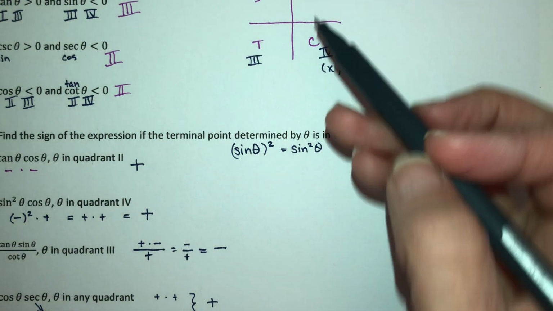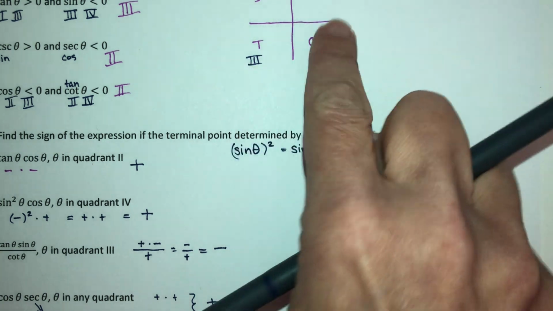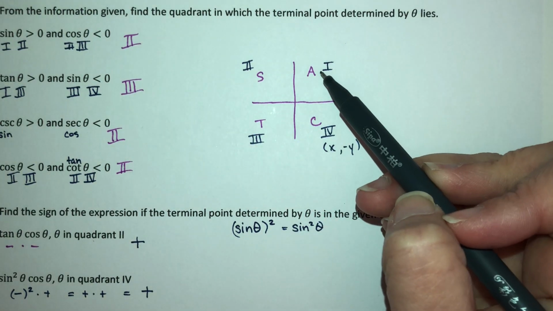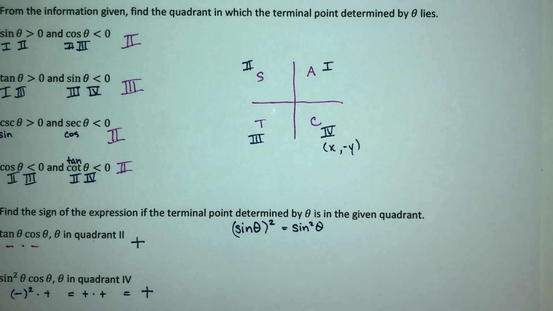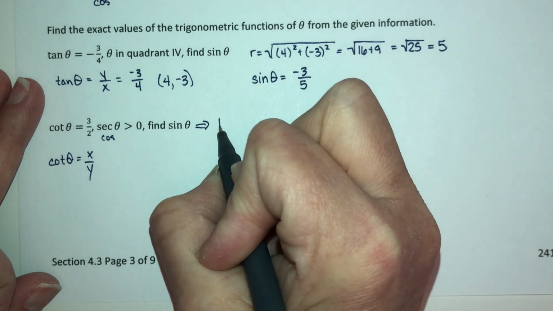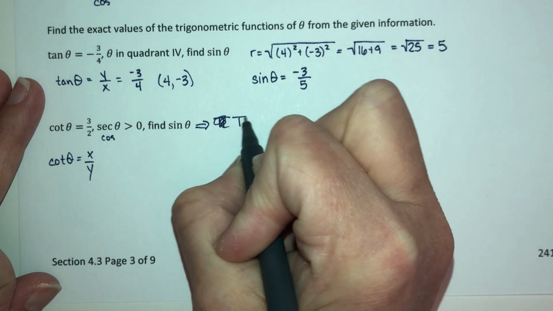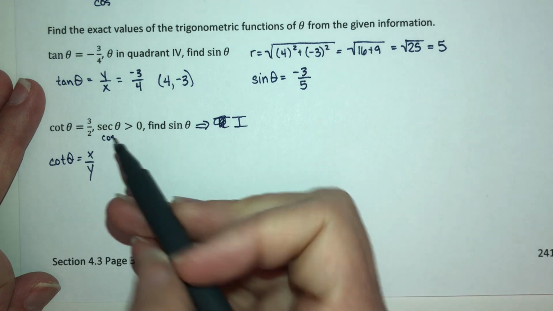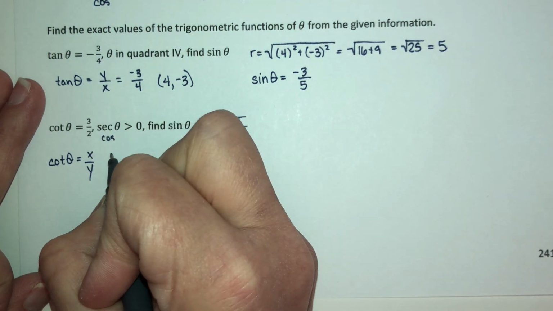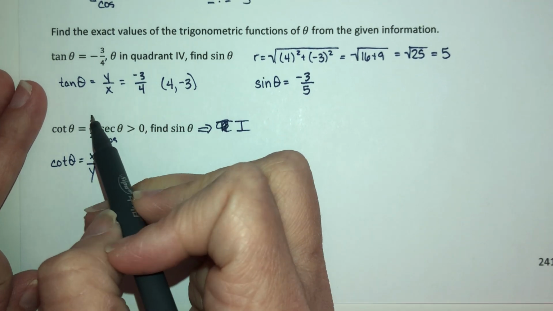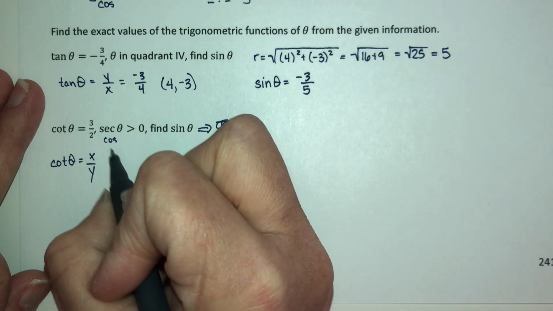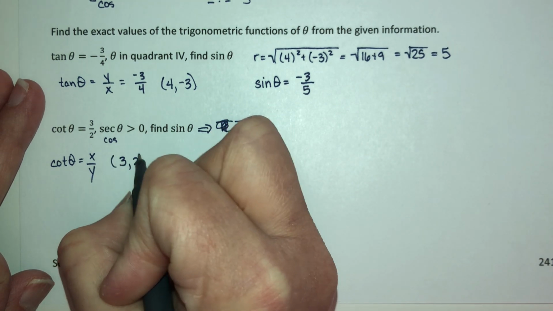Okay, so cosine is positive here and here. Cotangent is positive here and here. The only place that happens is in quadrant 1. Okay, so this tells us we are in quadrant 1, and that means our x value and our y value are positive. So we know that the ray associated with this angle passes through the point 3, 2.